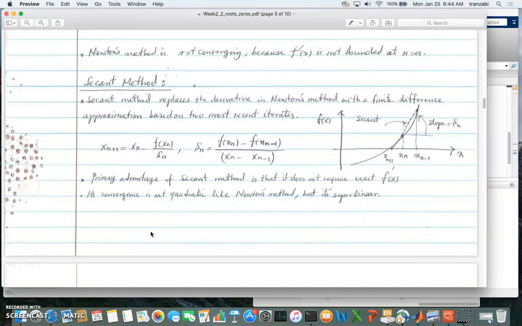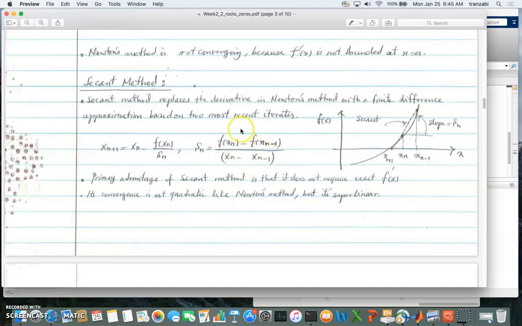So here's the definition of the secant method. We again start from a guess value, let's say at x_n. But we need another guess value. So in the secant method, we need two guess values, x_n and x_(n-1). With these two guess values, we evaluate the function at x_n and x_(n-1), and divide the difference by x_(n-1) minus x_n.